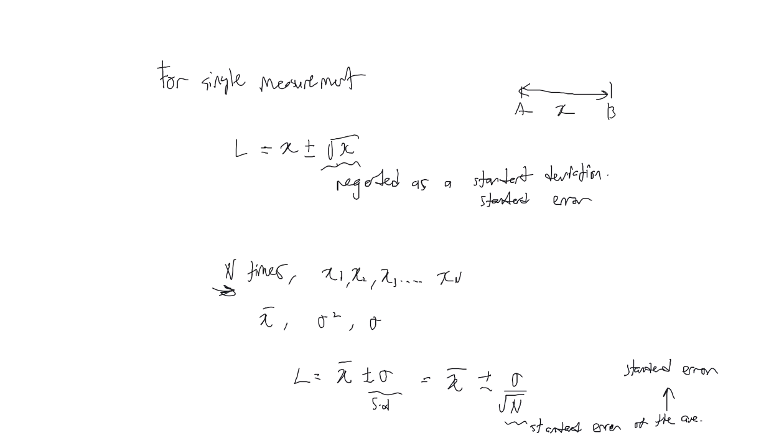When you repeat your measurement up to n times, you can find, statistically, the standard deviation of your measurement. But the standard error is defined as the standard deviation divided by the square root of the number of measurements you repeat.